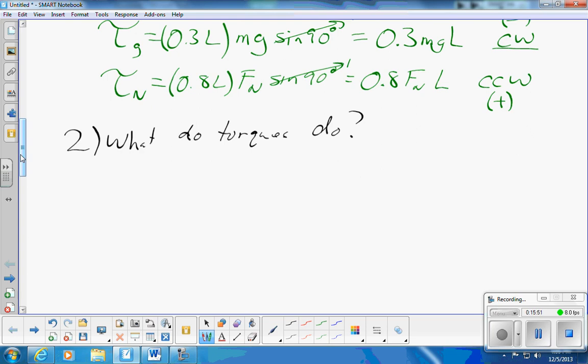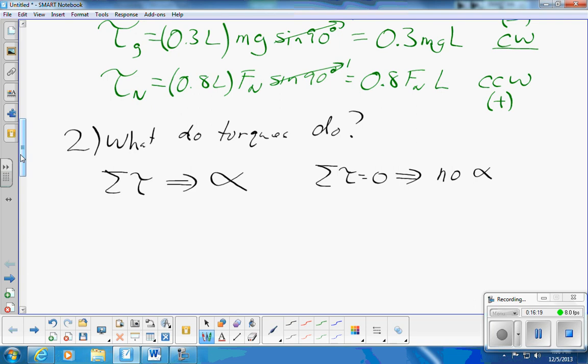With balanced forces, it either doesn't move or continues moving at constant velocity. An unbalanced torque, a net torque, will tend to cause an object to have angular acceleration. Whereas if the net torque is 0, the object will have no angular acceleration, which means it'll either just sit there or rotate at a constant angular velocity.